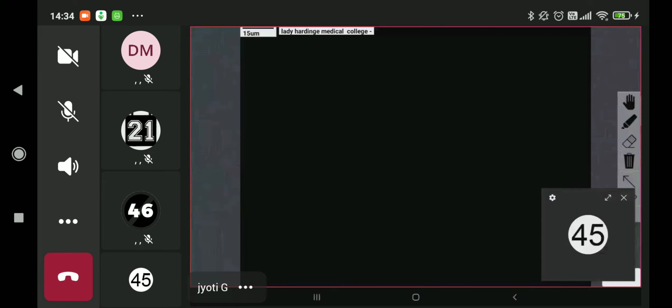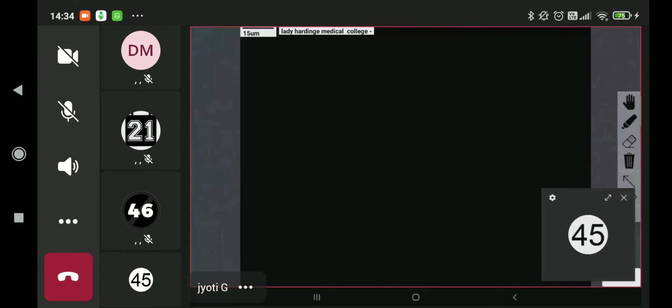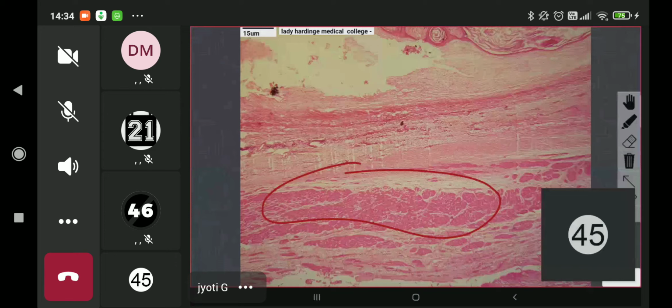Yes, roll number 45, what is this tissue? Now is it visible?